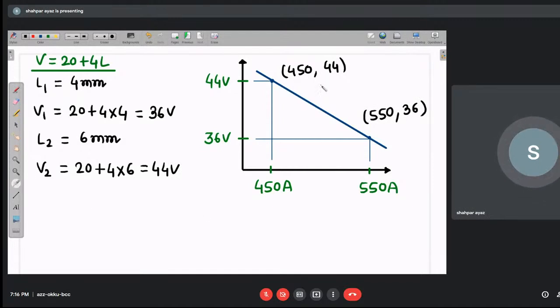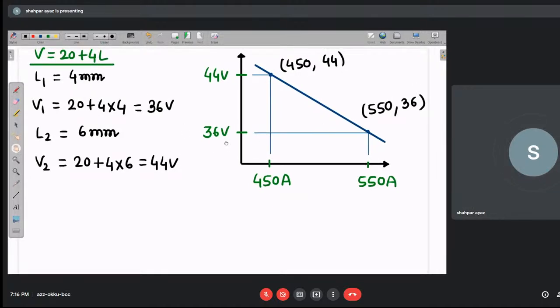Means low voltage. For low voltage, high current is there; for high current, low voltage. That is the catch in this. Now you guys can use the equation.